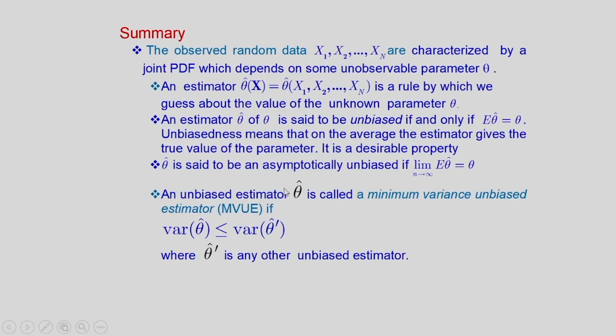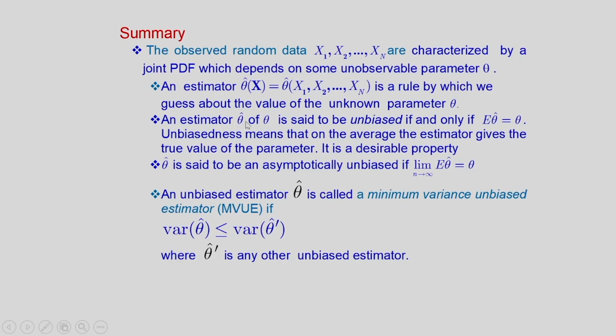Let us summarize. The observed data x1, x2 up to xn are modeled as random variables and are characterized by a joint PDF which depends on some unobservable parameter theta. An estimator theta hat of x, that is theta hat of x1, x2 up to xn, is a rule by which we guess the value of the unknown parameter theta.